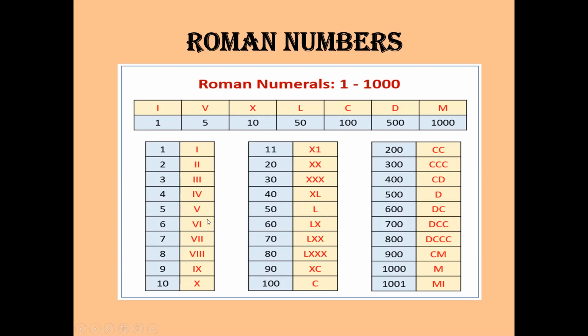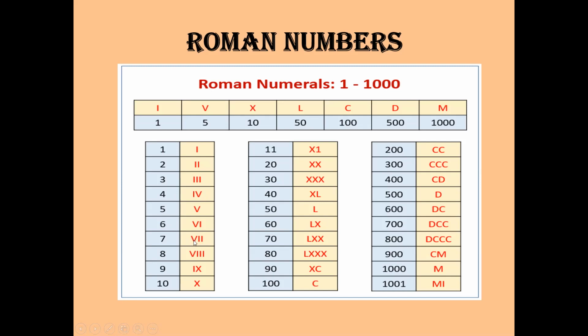If we put any letter on the right side of the main letter, which is 5, now I put I on which side? On the right side. It means here we add. So here 5 plus 1, 5 plus 1 is 6.